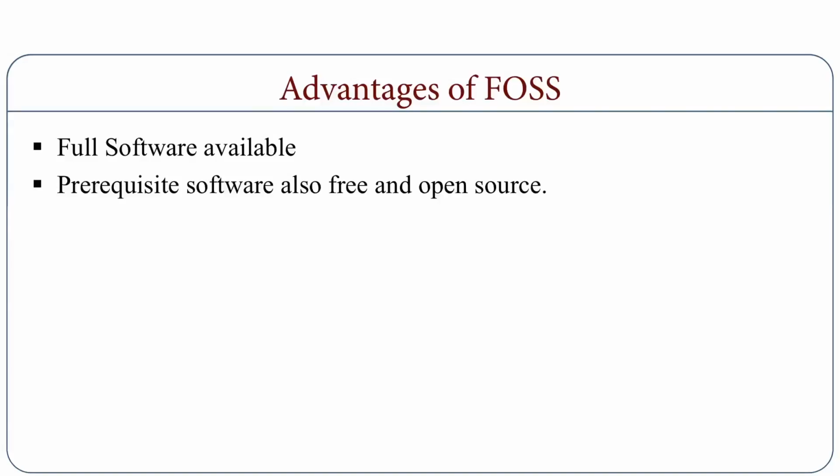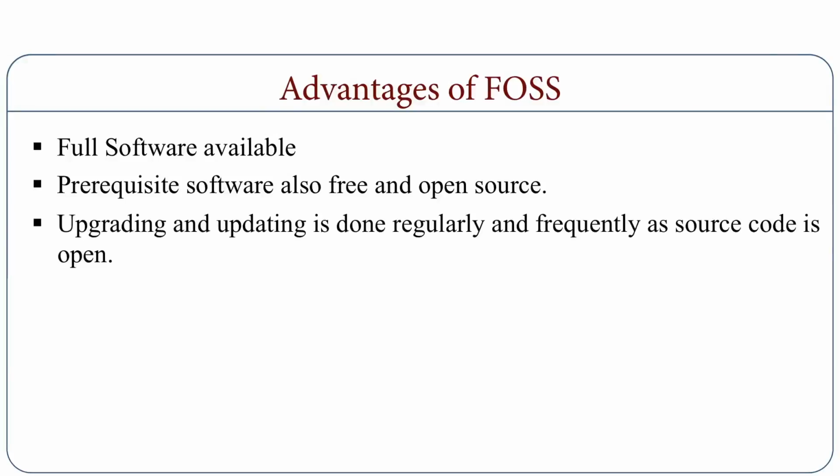The second important factor is, if we find that we need any customization or any improvements in the software, then free and open source software comes with the source code, so we can get them modified or customized according to libraries. Third, the upgrades and updations which are available are again free of cost.